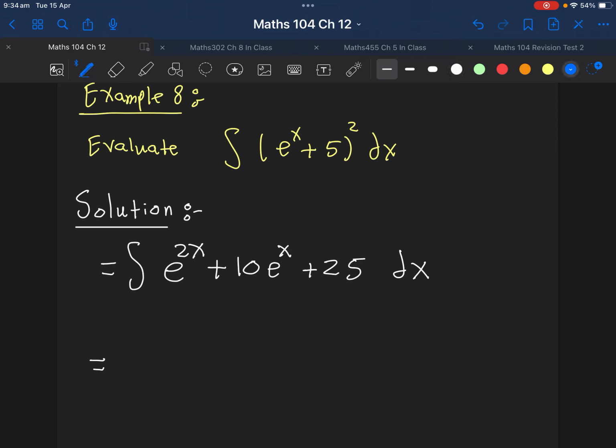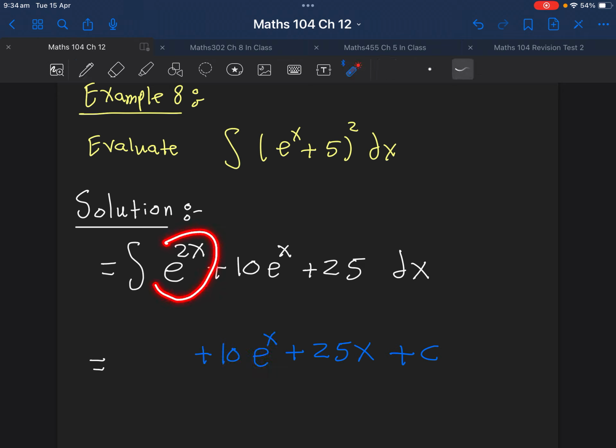Now I can find the integral easily. Remember, the integral of 25, because it is only a number, I just add x. The integral of e^x, remember, it's just e^x. Now, the integral of e^(2x) will be the same, and then you need to divide by 2. So we'll get 1 over 2 e^(2x).